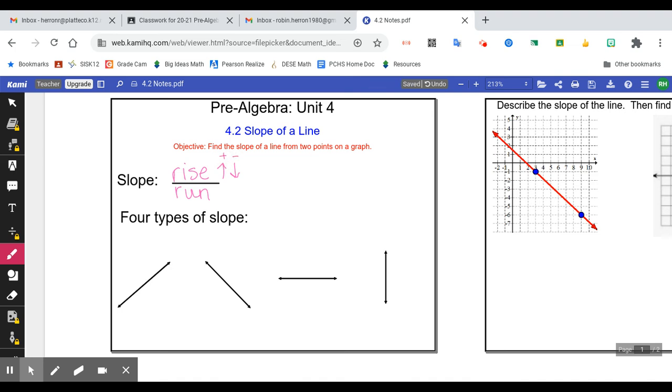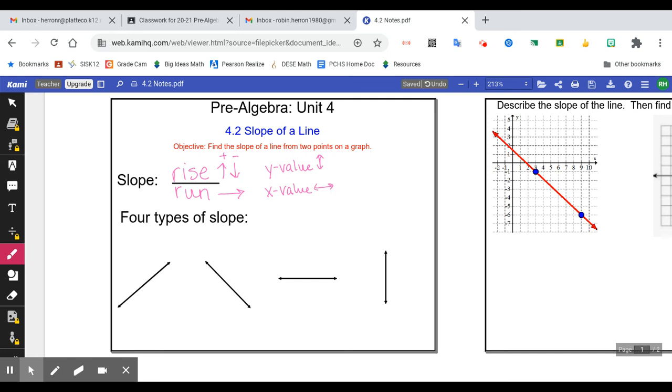When we run, we're always going to the right, whether it's positive or negative. Rise is also our y values because remember the y-axis goes up and down, right? And run is always the x value because it's going left and right.